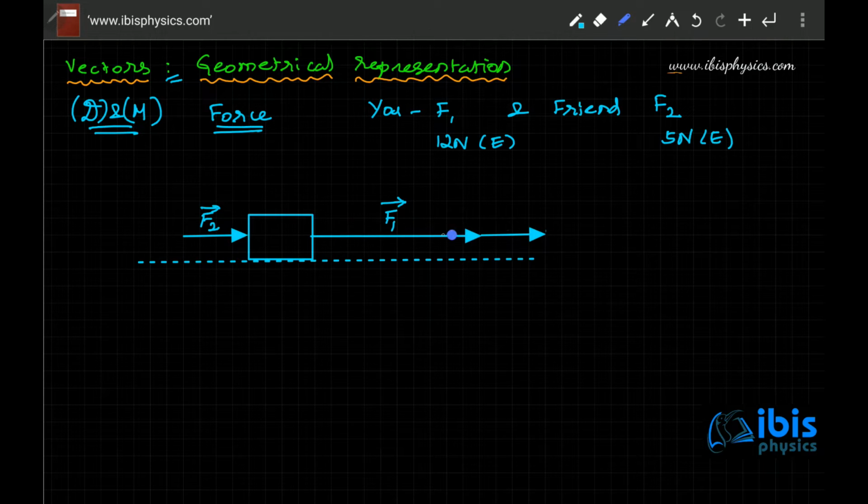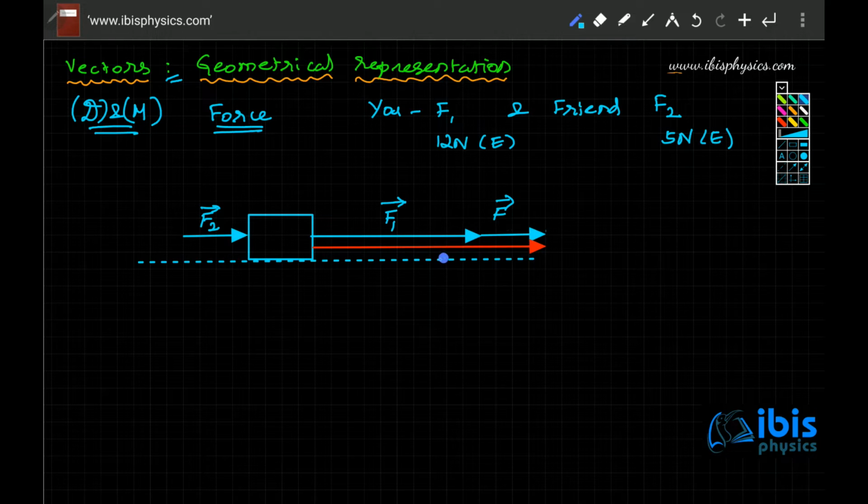The arrow has a tail and a head, and the head is the part that gives the direction. So the net effect of these two vectors, F1 vector and F2 vector, runs from the tail of one to the other vector's head.